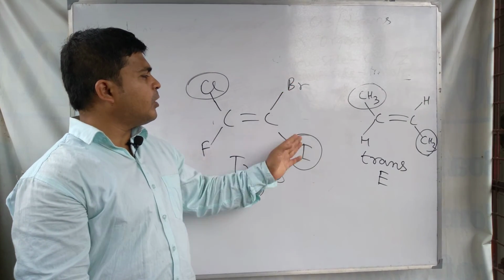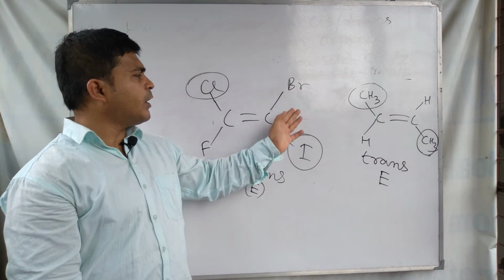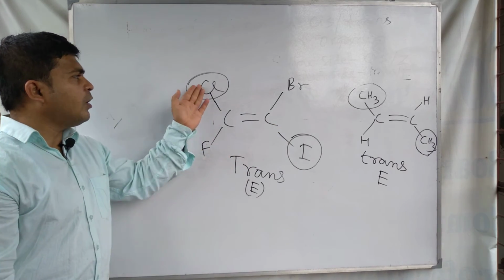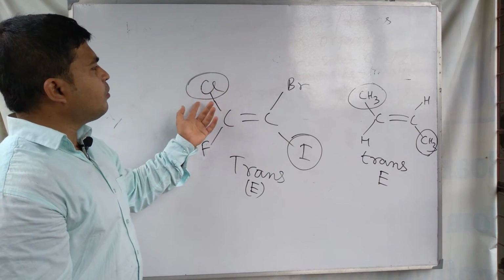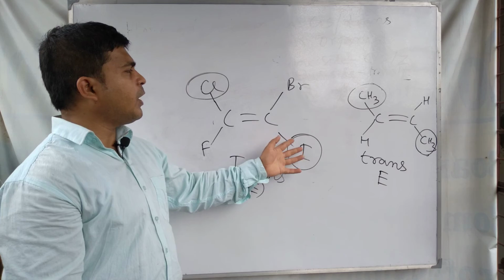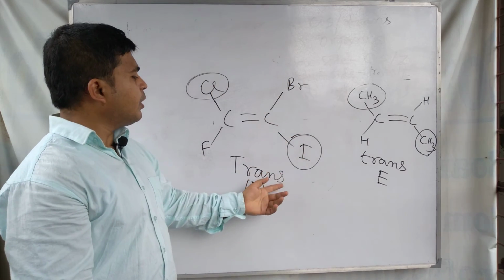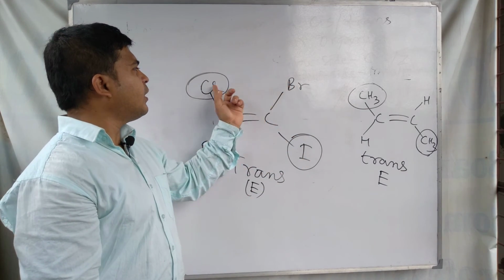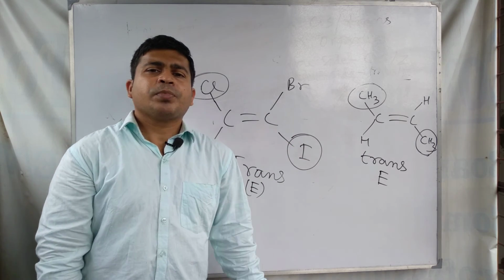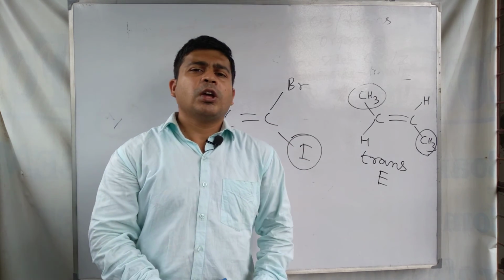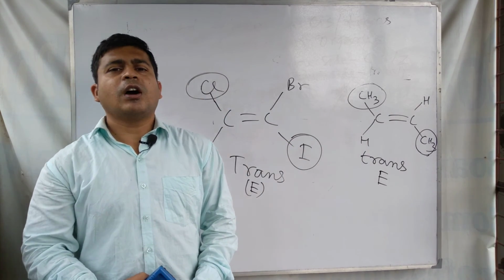You just have to know the priority of the two groups attached to this carbon and the priority of these two groups. If the higher priority groups are on opposite sides, then trans; if on the same side, then cis. In this way you can find out the cis and trans isomers.